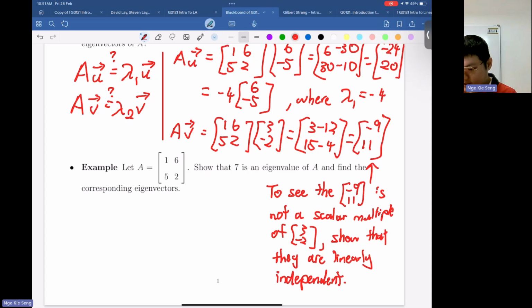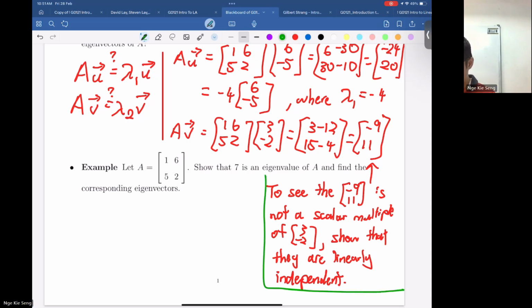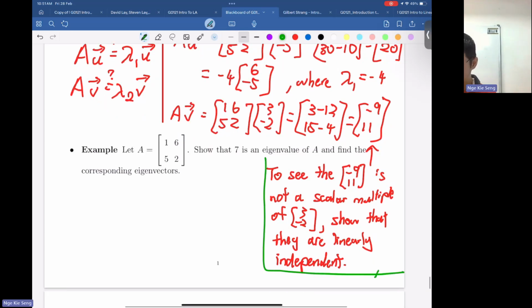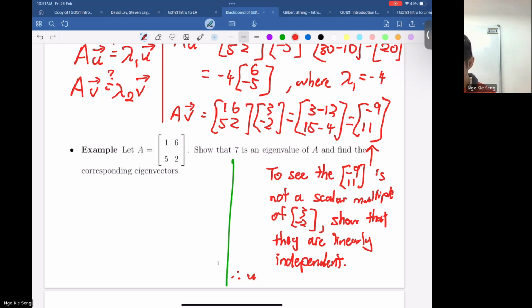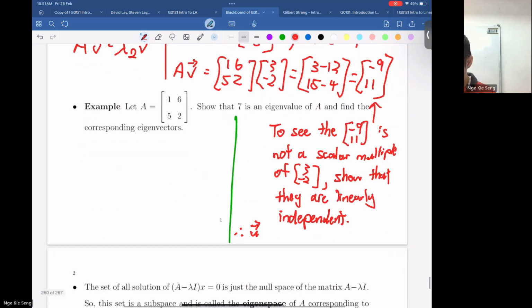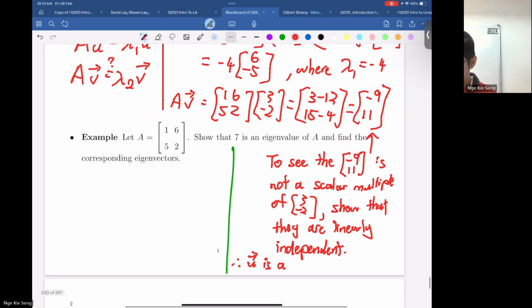Okay. How about the next part? Show that 7 is an eigenvalue of A, and then find the corresponding eigenvector. I haven't made a conclusion here, so let's make a conclusion before we leave. So U is an eigenvector of A, but V isn't.